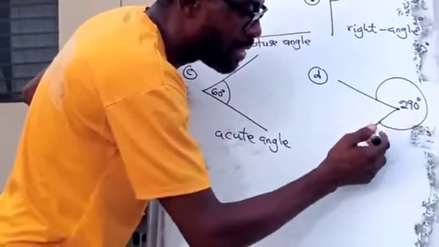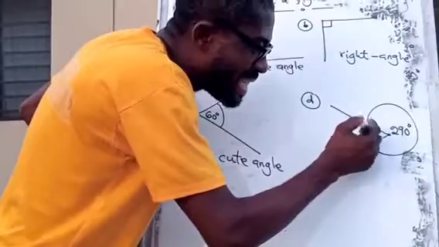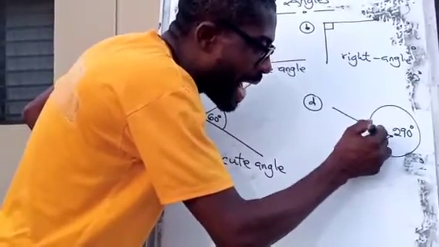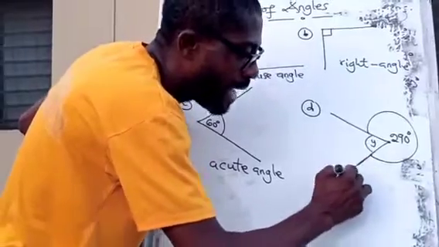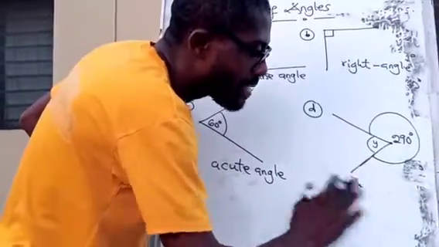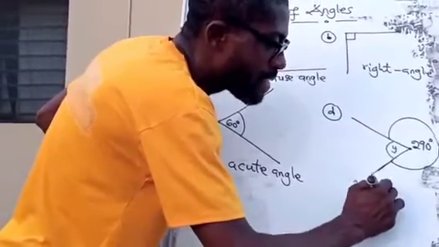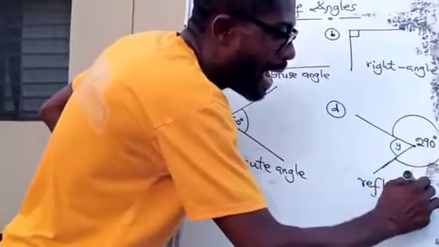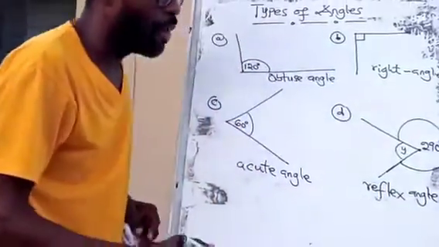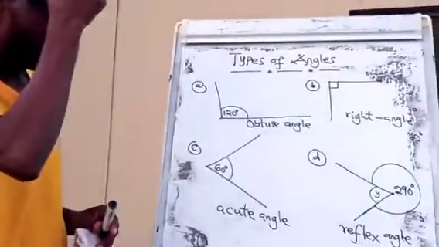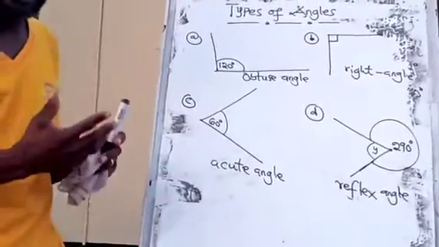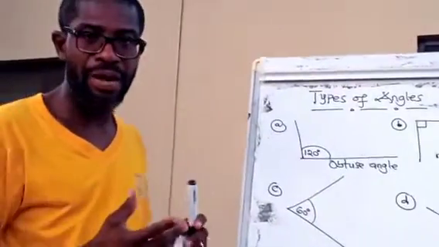That is the internal angle here, let's say the angle Y. So this angle is known as a reflex angle. Reflex angles are greater than 180, but less than 360 degrees. So these are some of the types of angles that we have.